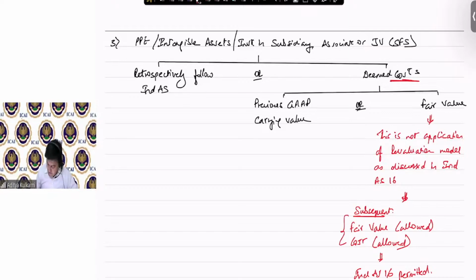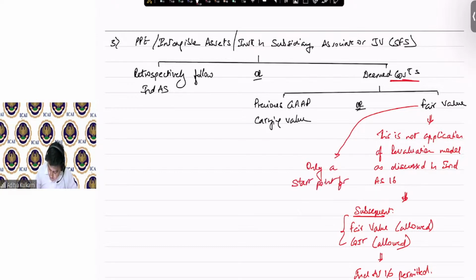This is only a start point for moving to Ind AS.